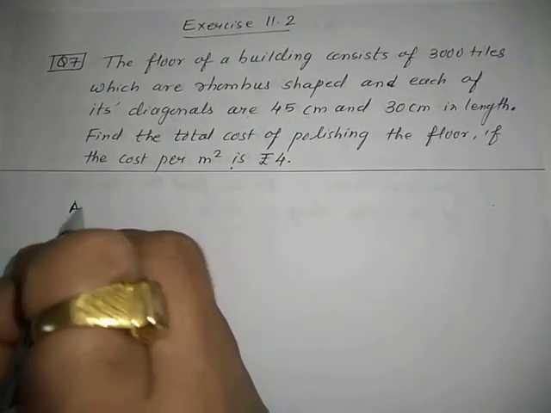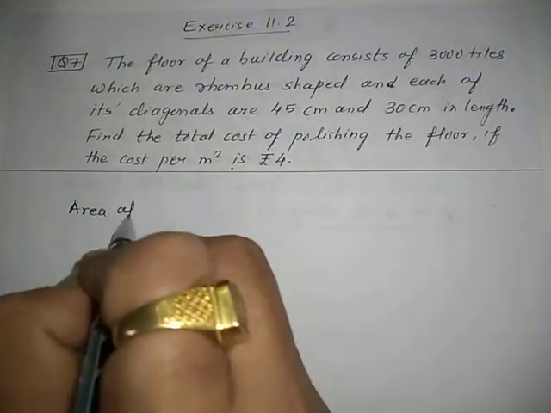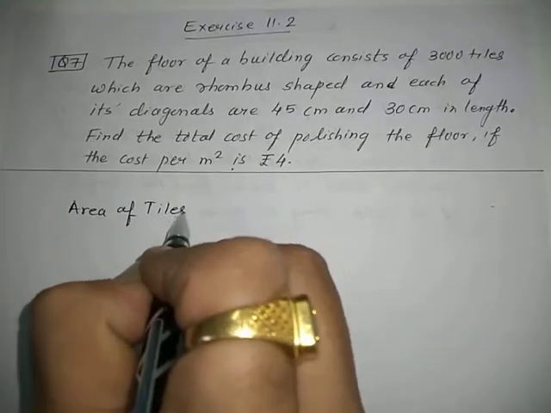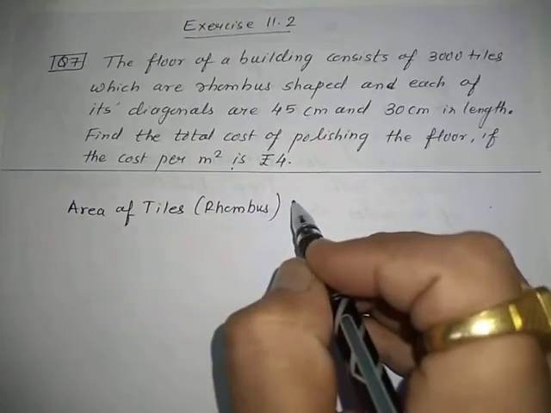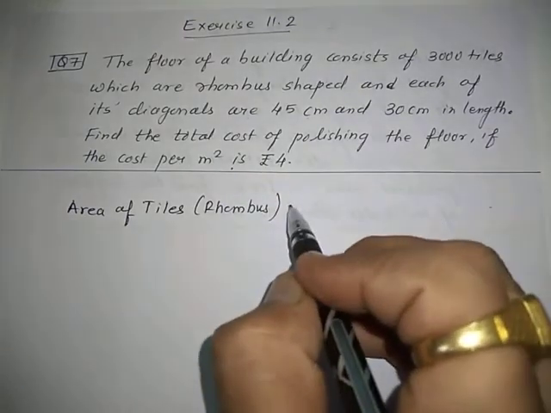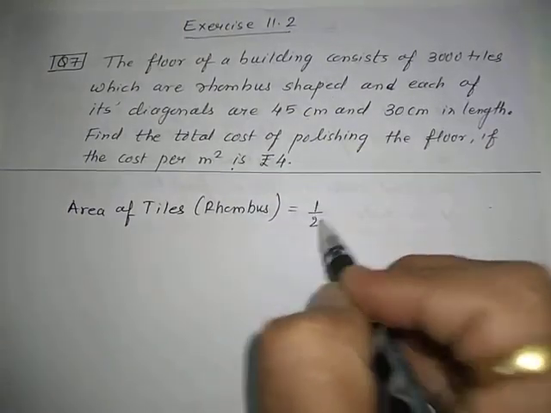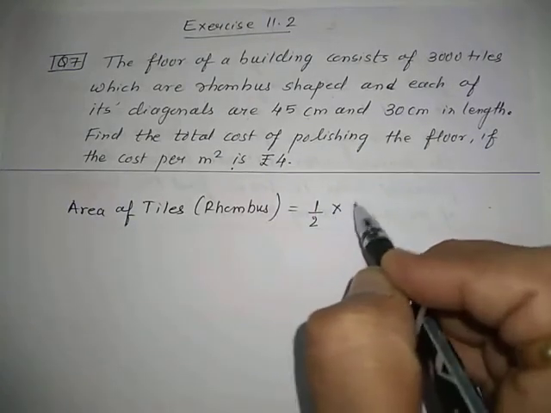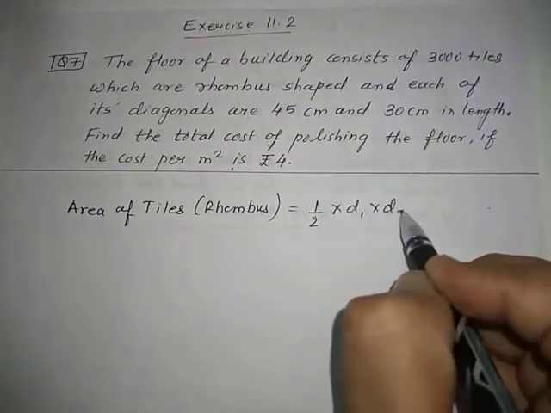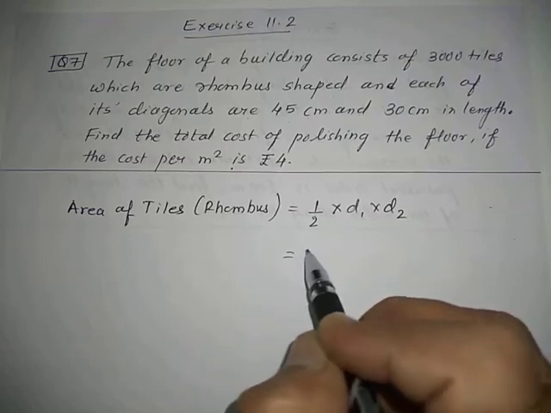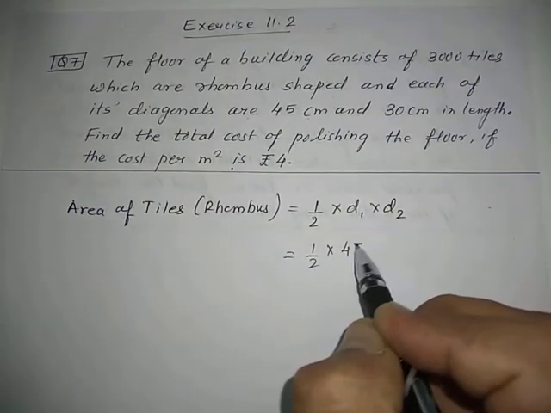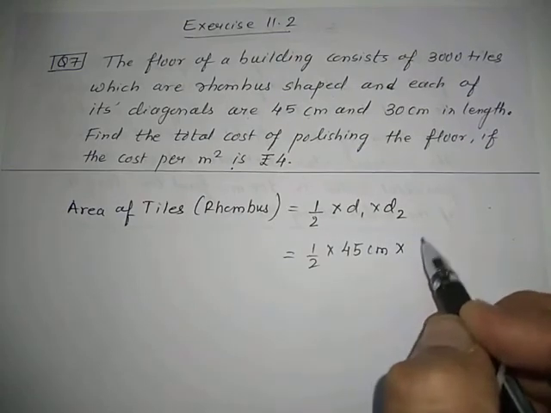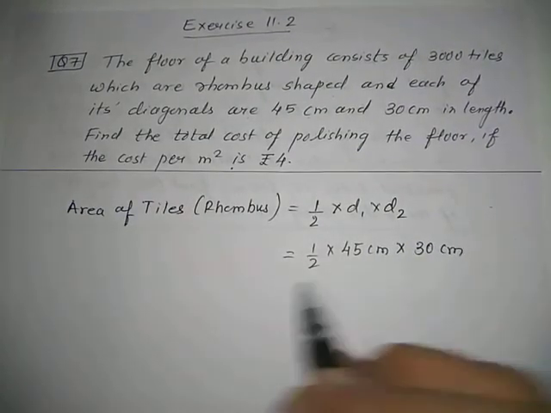So the area of a tile which is in rhombus shape, and they have given the diagonals of these tiles. So the formula is half into d1 into d2, diagonal 1 and diagonal 2. So half multiplied by 45 centimeter multiplied by 30 centimeter.